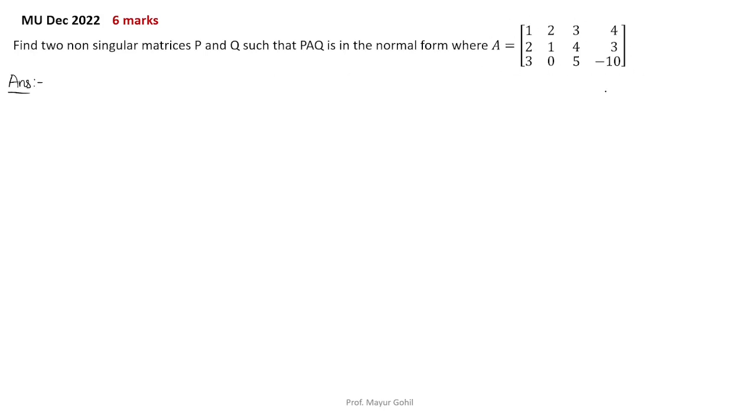Now first of all, note over here that the matrix A is of the order 3 rows and 4 columns. So we can note down this fact.